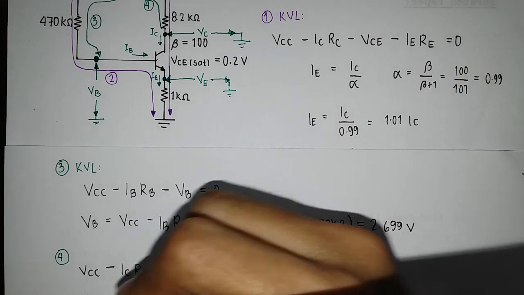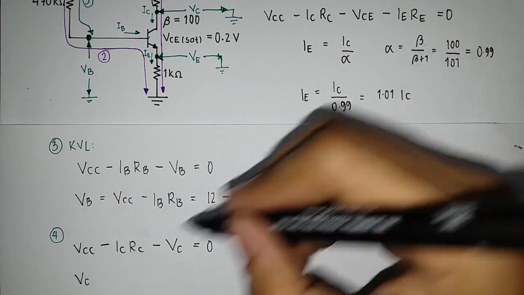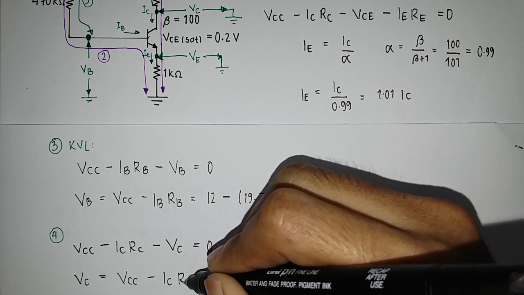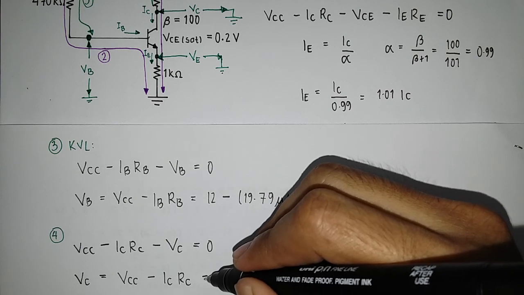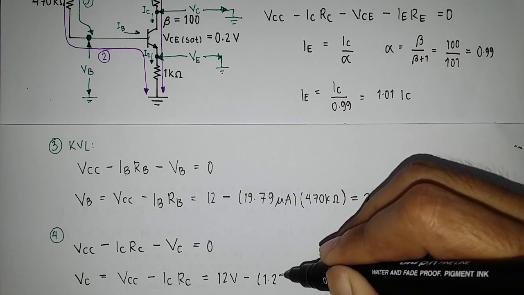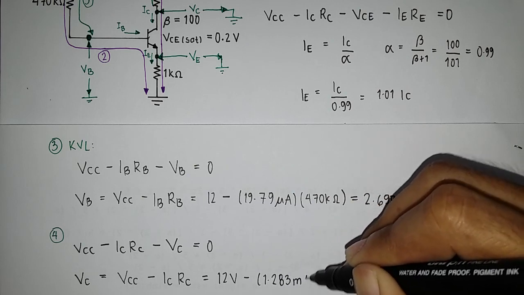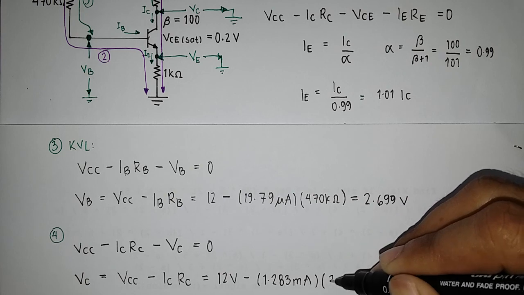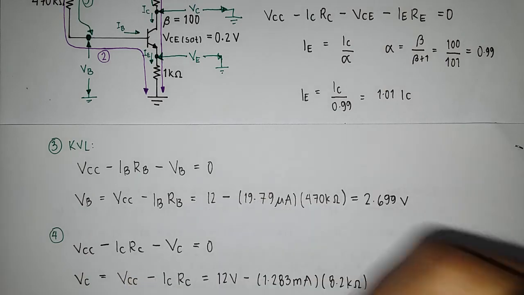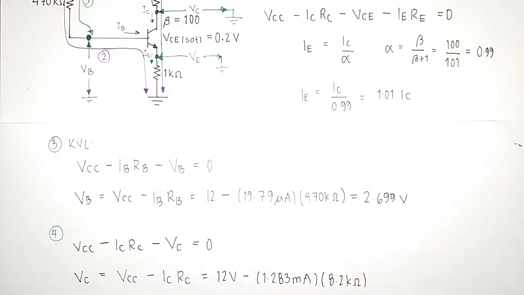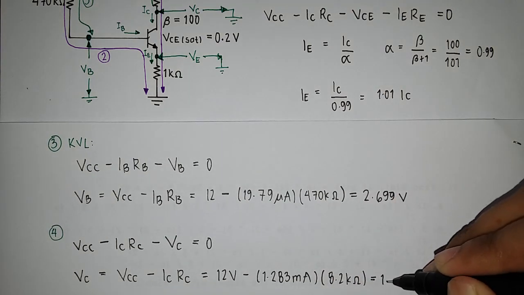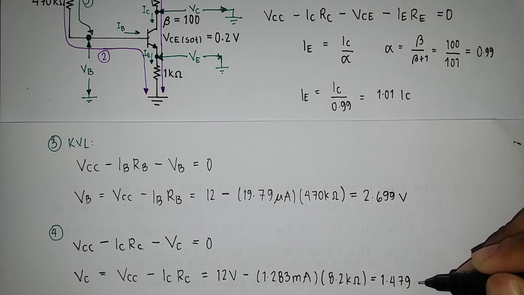Makuha natin VC, the collector voltage, is equal to VCC minus ICRC. Substitute lang natin. Magiging 12 volts minus IC, which is 1.283 milliamperes times RC na 8.2 kilo ohms. So, makukuha natin VC is equal to 1.479 volts.